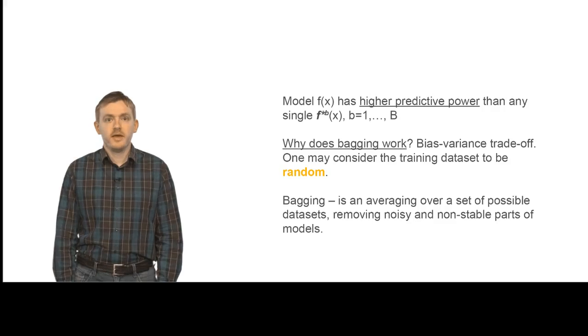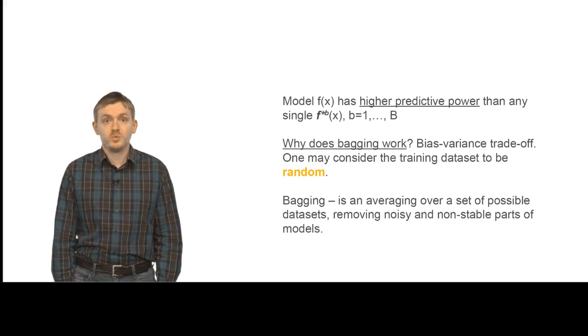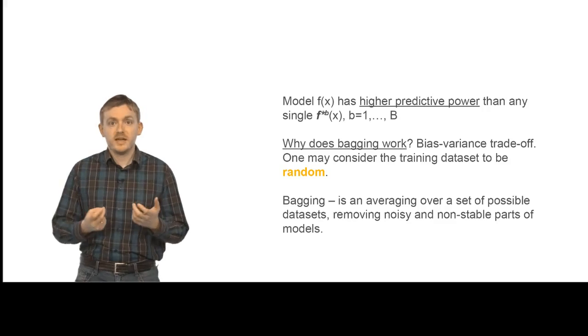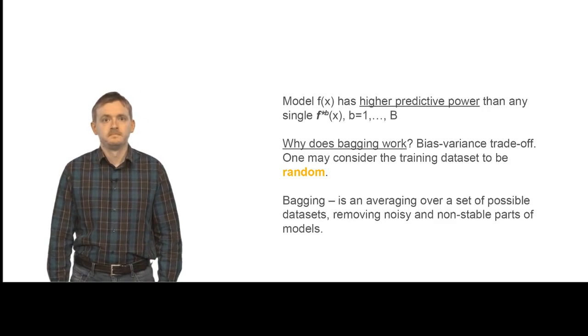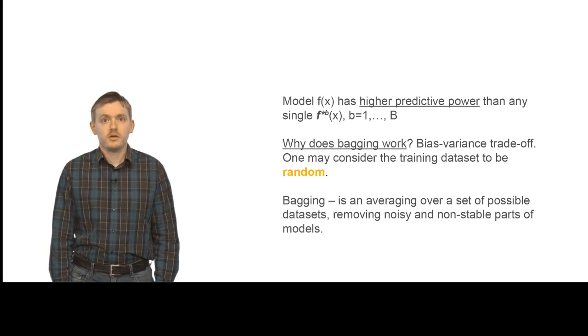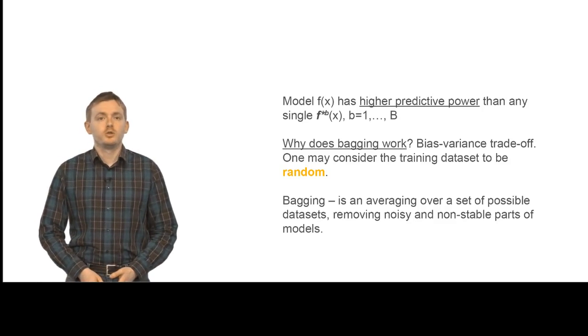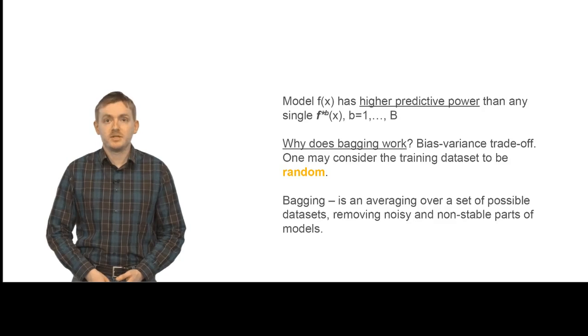You can consider the training data set to be random by itself. Why is it so? What is the training data set? In real situations, the training data set may be user behavior on the internet, for example, web browsing, using a search engine, doing clicks on advertisement, and so on.